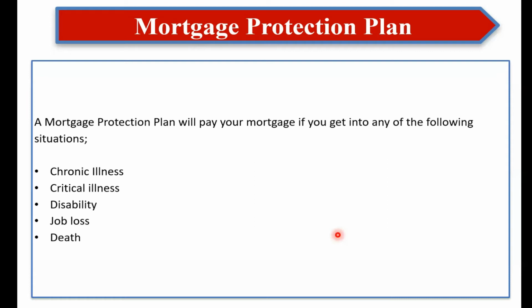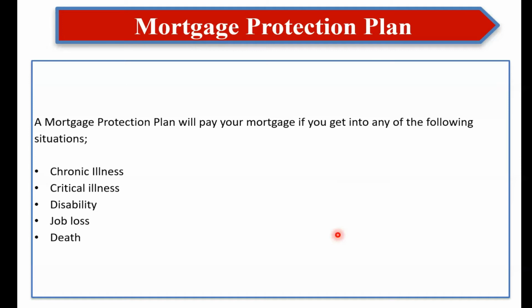A lot of veterans, nothing bad with veterans, guys, I'm just giving examples, but even medical doctors, even IT professionals, a lot of people are homeless because of chronic and critical illness. What happens is that they lose their job, they cannot afford the mortgage, and the house is placed on foreclosure just because they did not plan to put in a mortgage protection plan.